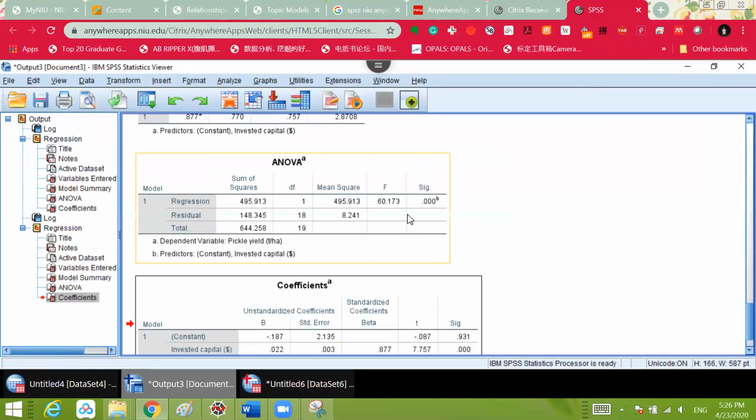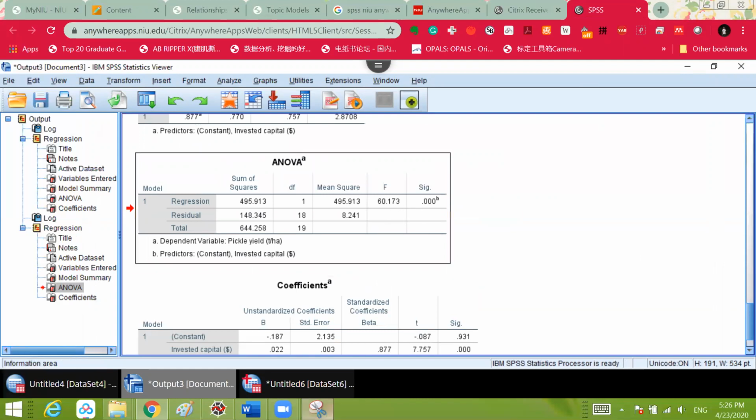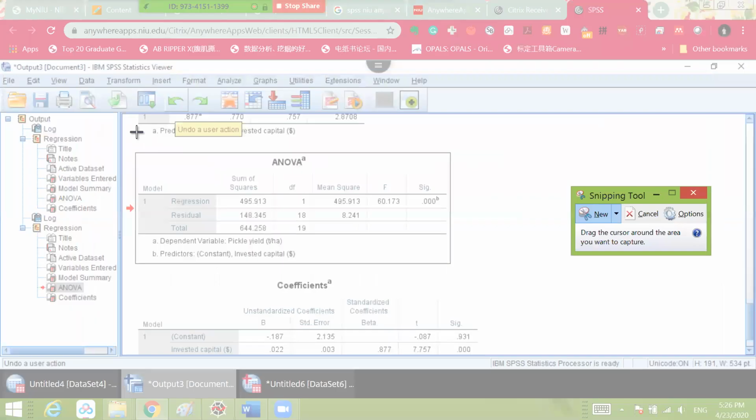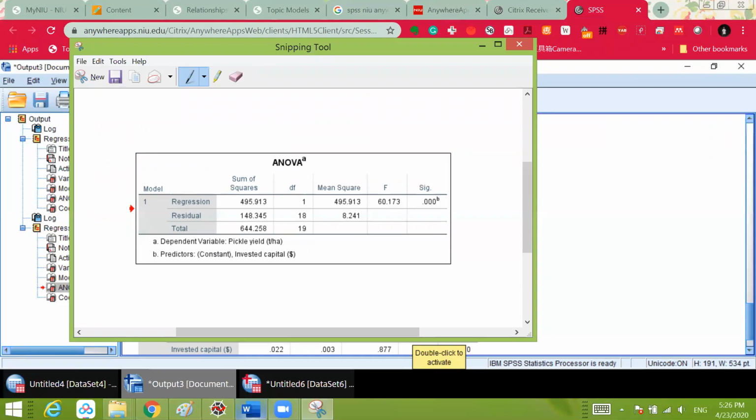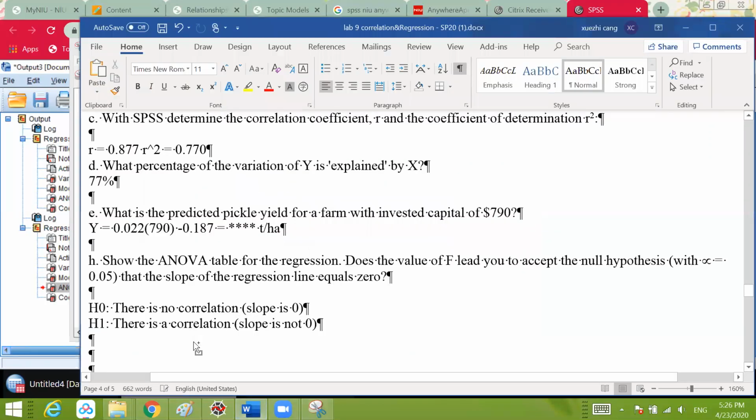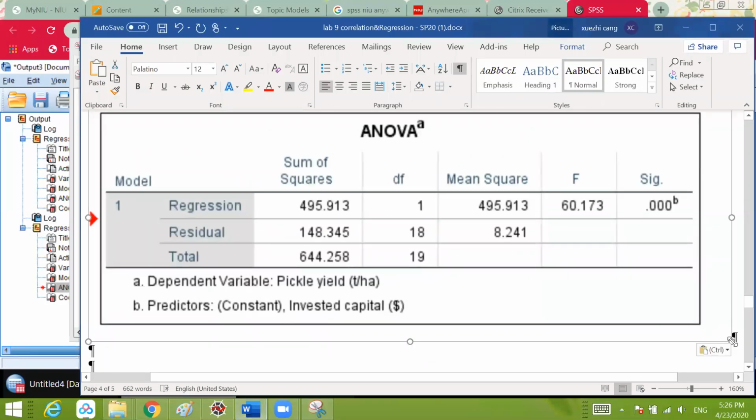Actually, you can find that ANOVA table after you run the regression analysis. So we just copy and paste this table back to our answer sheet. Here.